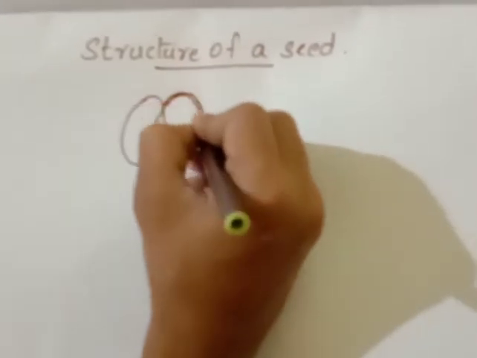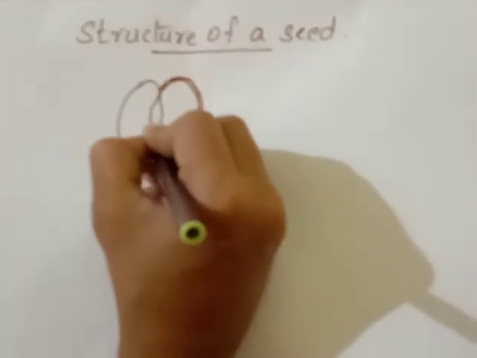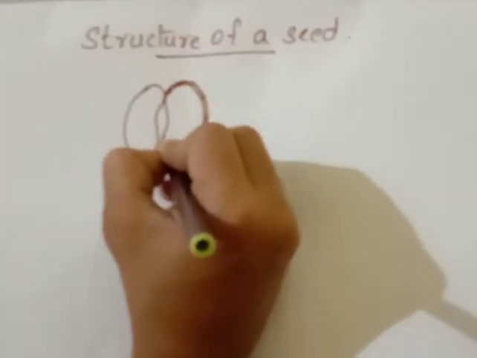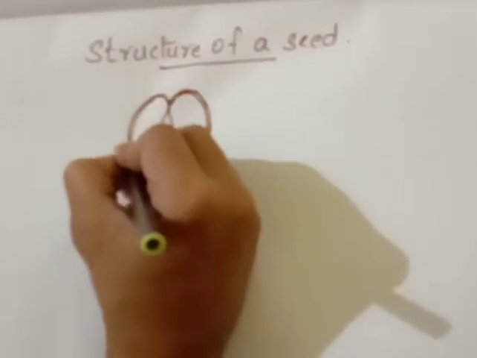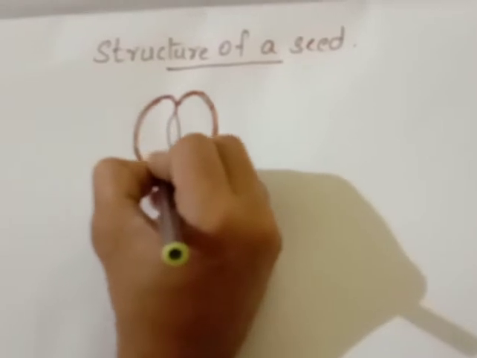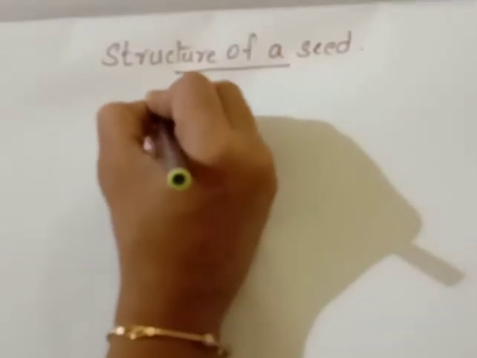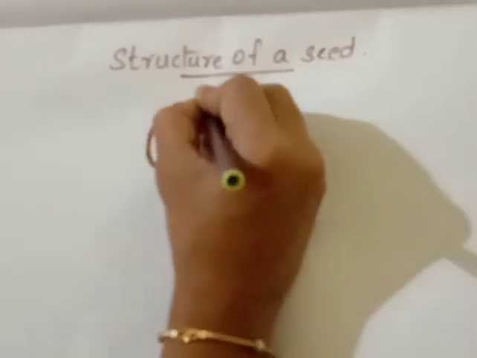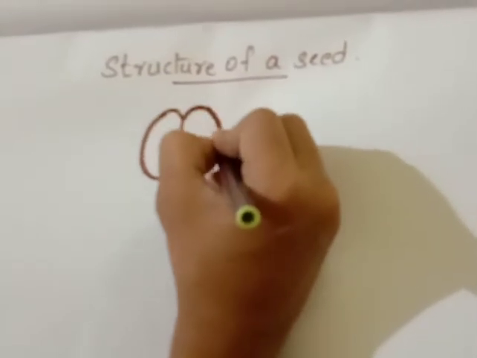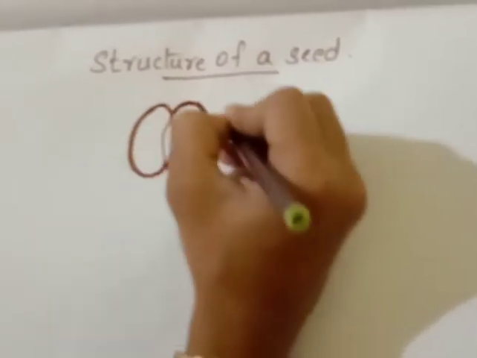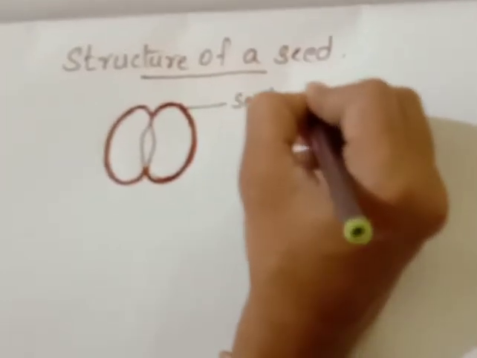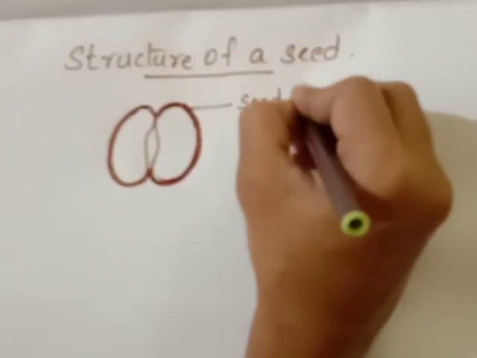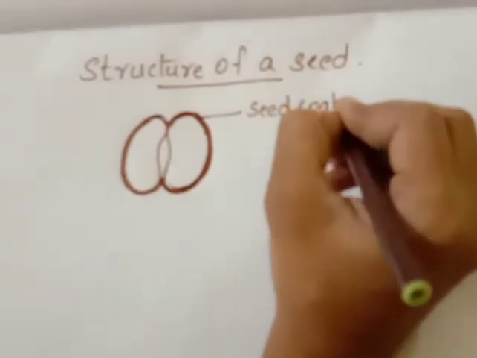A seed has a thick outer layer called the seed coat. Seed coat protects the seed. So this is the thick protective outer covering of the seed. It is the seed coat.